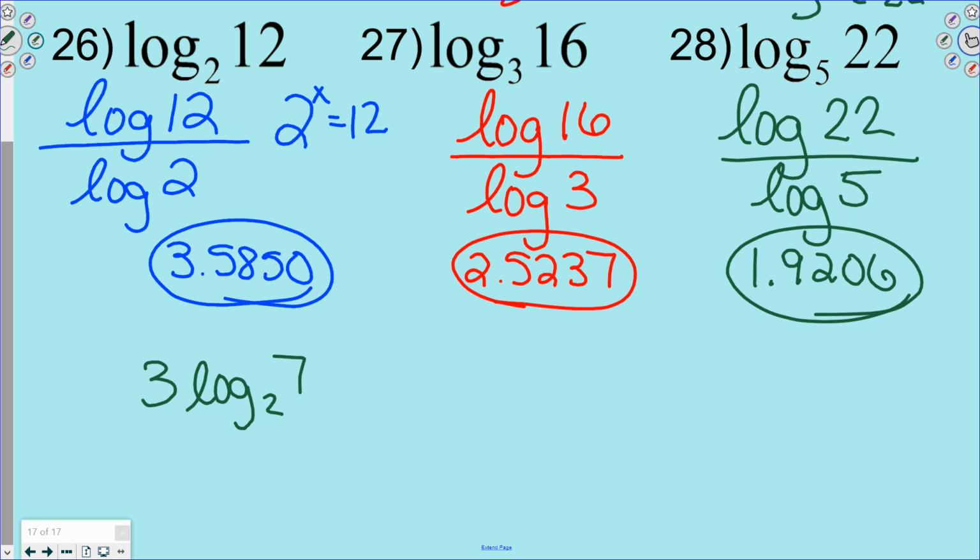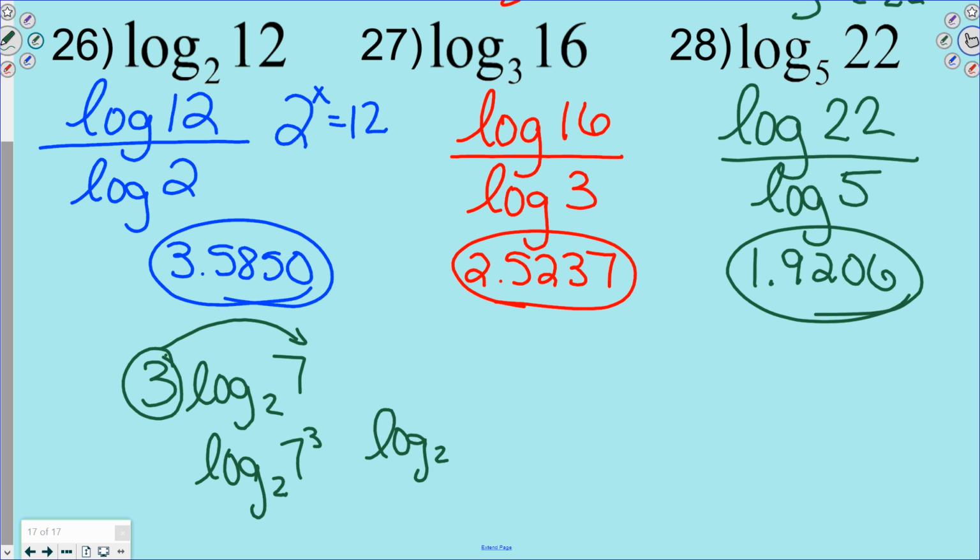Guys, good question. He's asking, what does this mean if there was a number in front? Number in front implies exponent. So this would be log base 2 of 7 cubed. So I'd figure out what 7 cubed is. And then I would type in log, I don't even know what that is. I should probably figure it out. Thank you. So that's log base 2 of 343. So I would type in log of 343 divided by log of 2.